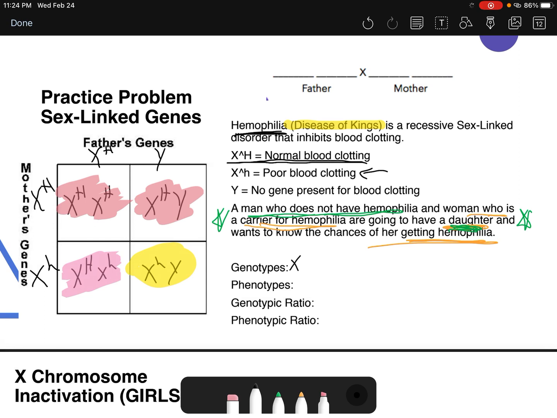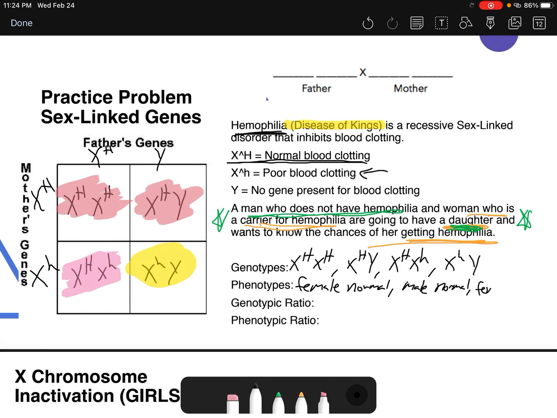Okay, so the genotypes here, we're going to have X big H, X big H. We're going to have X big H Y, X big H, X little h, and then X little h Y. So our phenotypes are going to be female, normal, male, normal, female carrier, and then a male with hemophilia.